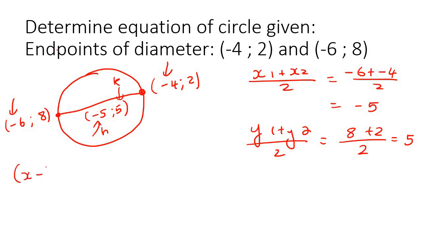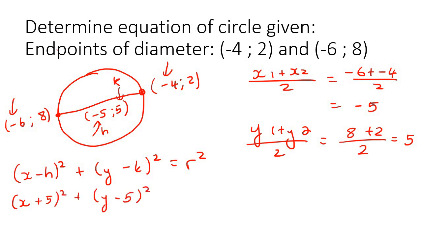And so in the basic formula of a circle, we can then fill that in as x plus 5, because it would be x minus negative 5, which would become x plus 5. And then y take away 5 equals r squared. Now we need to find the radius, okay?